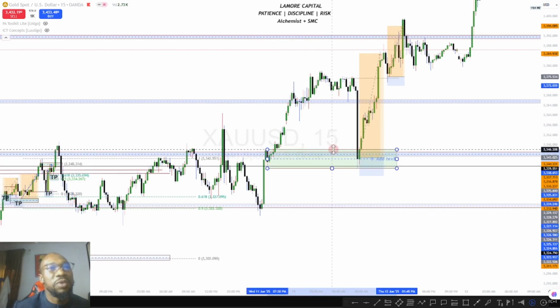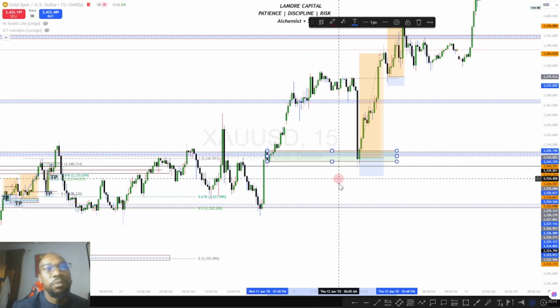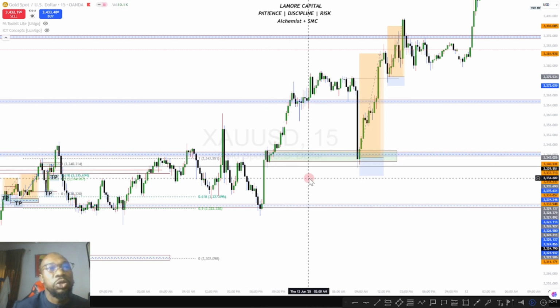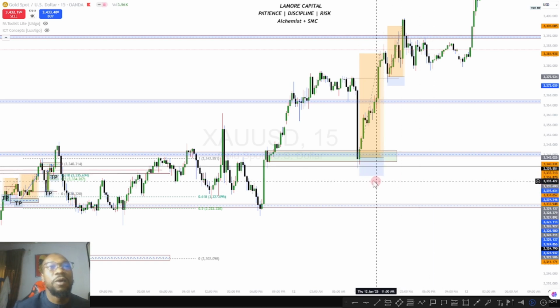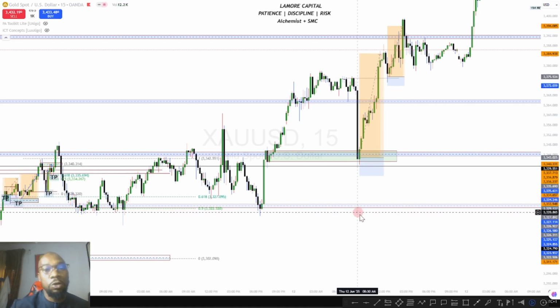I am supposed to mark the body of this candle only without the wicks, but I marked together with the wick because this is actually a huge body candle closure, little wicks. So I knew that the body candle closure is going to hold the market. So I have two confluences for this trade. Now, three confluences.